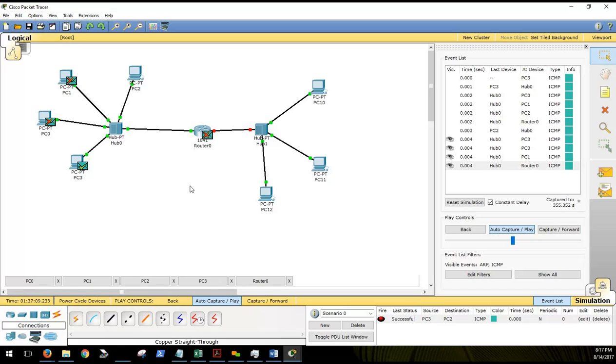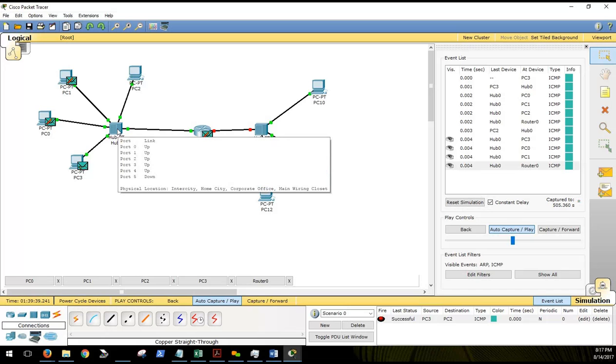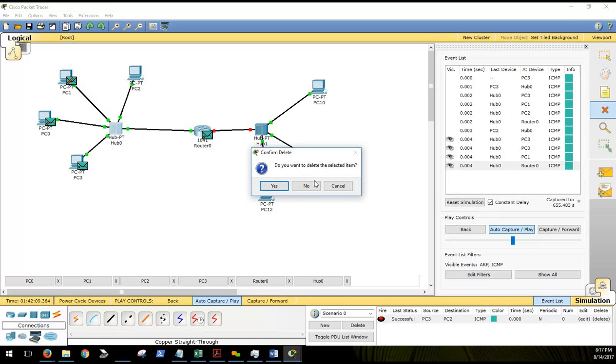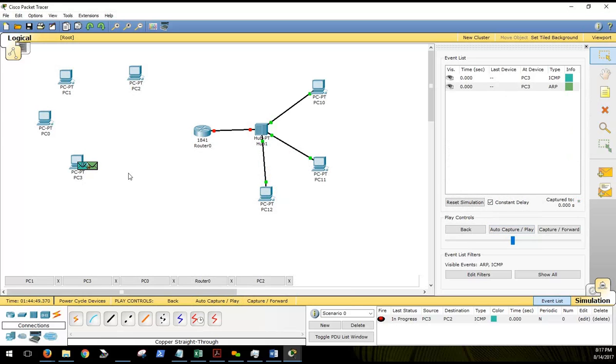All right. Now, let's take this hub out and let's put a switch in, okay? So we're going to take this out. And we're going to put a switch in. And we'll reconnect everything.